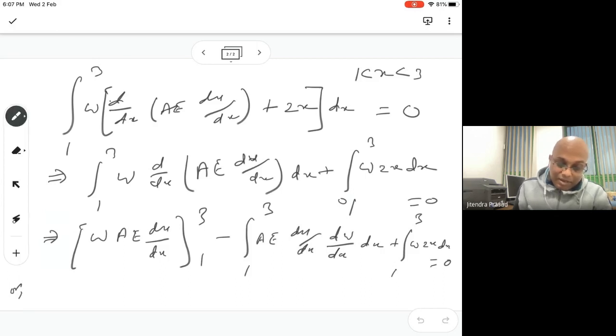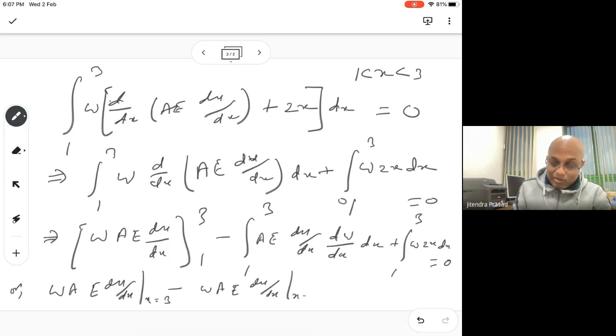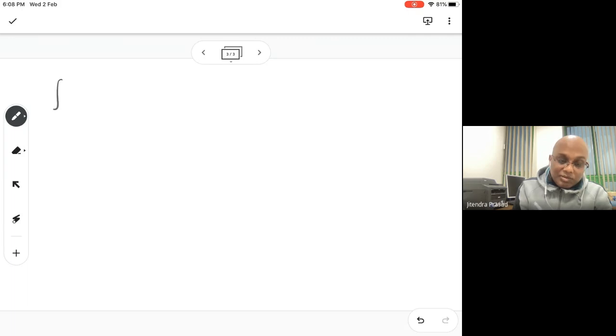So we will have w A E du over dx at x equal to 3 minus w A E du over dx at x equal to 1, and then you have the rest: integral from 1 to 3 of A E du over dx dw over dx, plus this one, integral from 1 to 3 of w 2x dx is equal to 0. Let's write that on the next page.